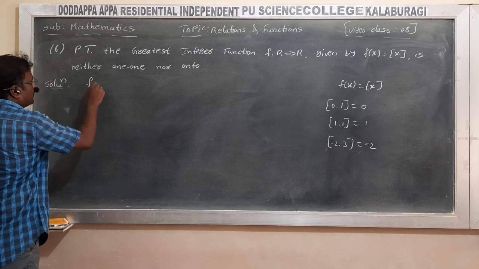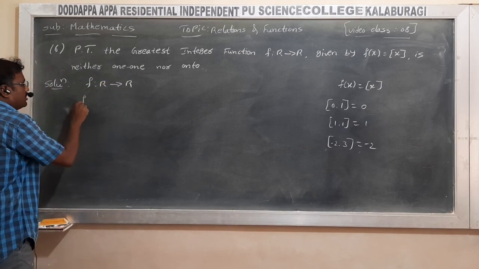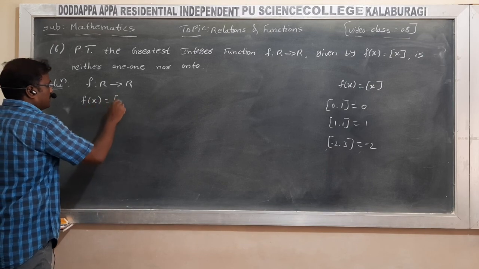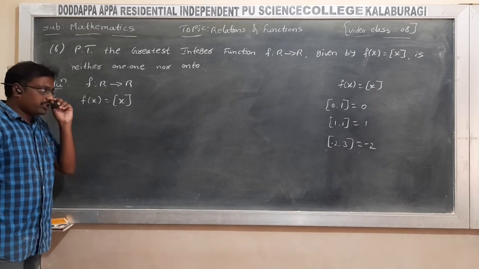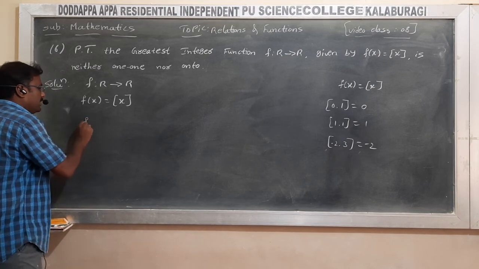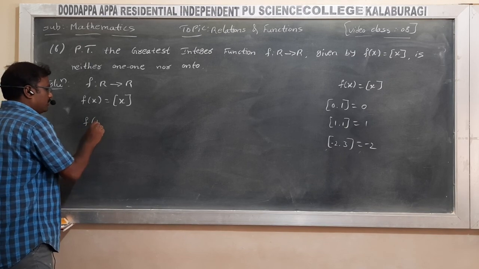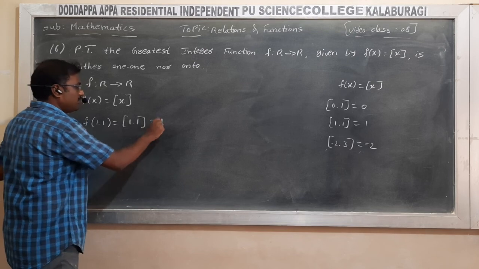Given condition: f from R to R and f of x is equal to step of x. Here you can take value substitution, then only you clearly understand. So I will take the value 1.1. What is the value? We get 1 only.